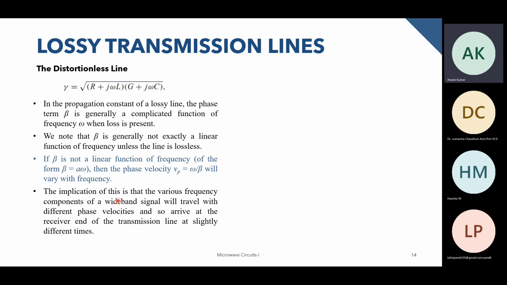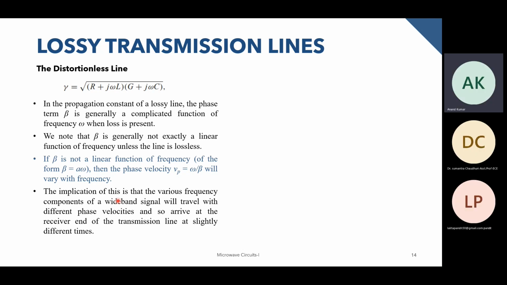Now when these waves of different frequencies travel with different velocities, if you send them at a particular time t naught, then after some time these waves will arrive at different instants at the receiver's end.